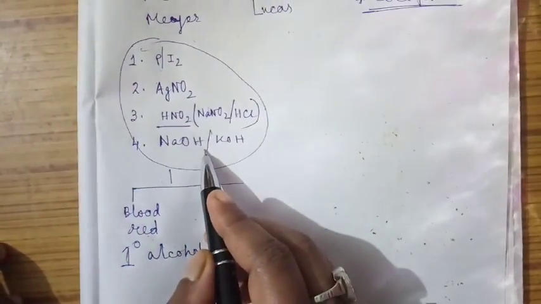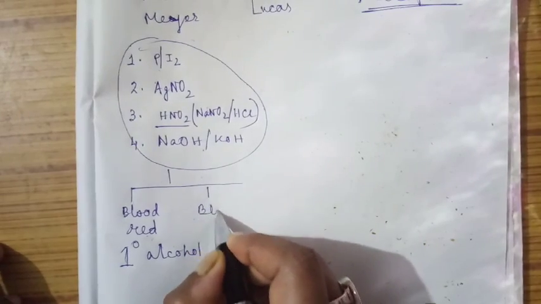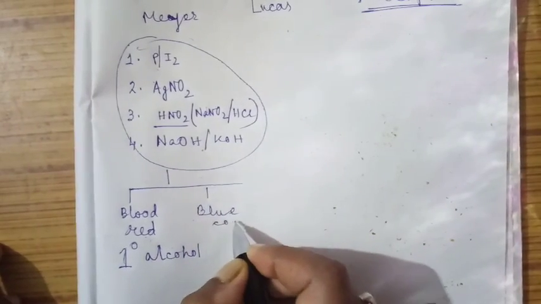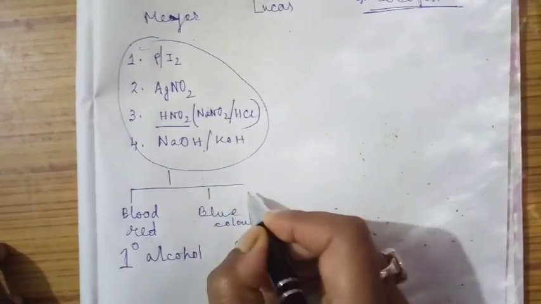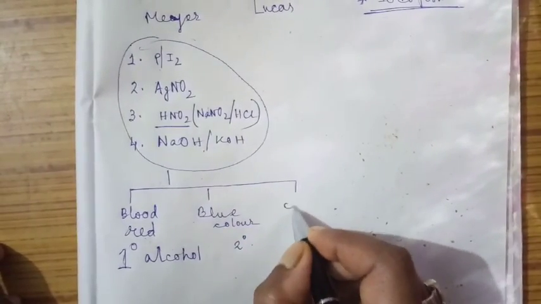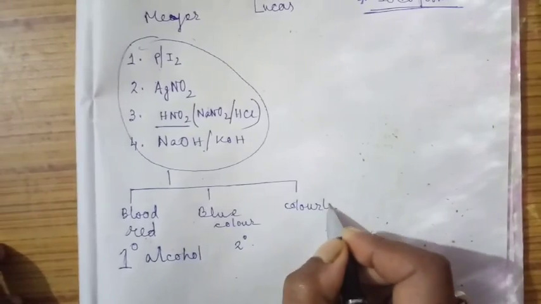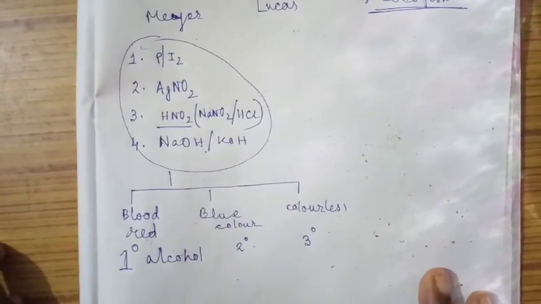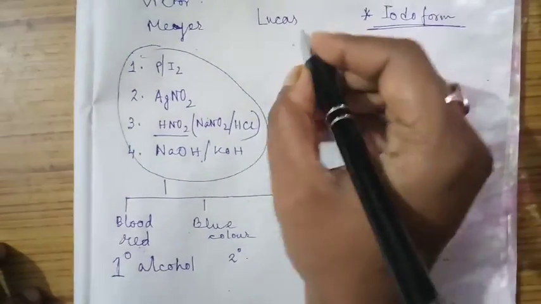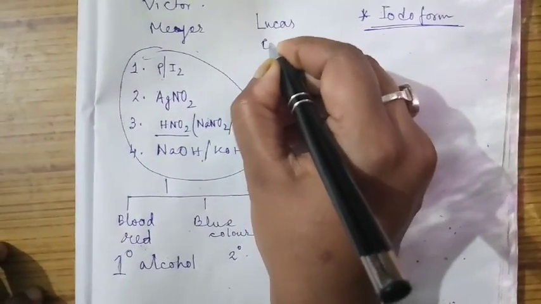After adding all these 4, if you are getting blue coloration of the solution, then your alcohol is second degree alcohol. And if you are getting colorless solution, then your alcohol is tertiary alcohol. Am I clear?